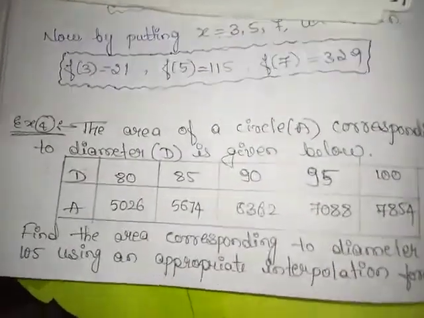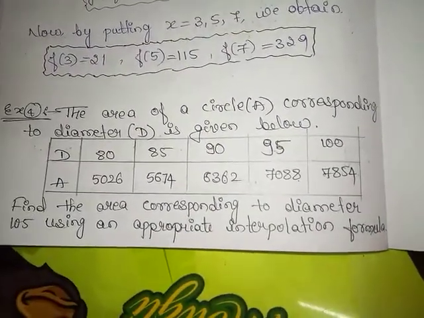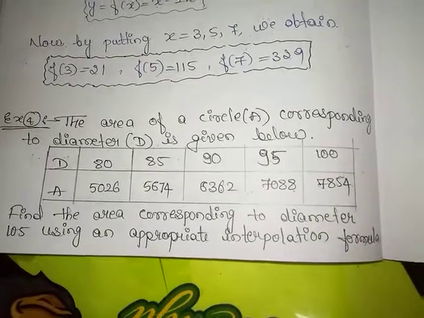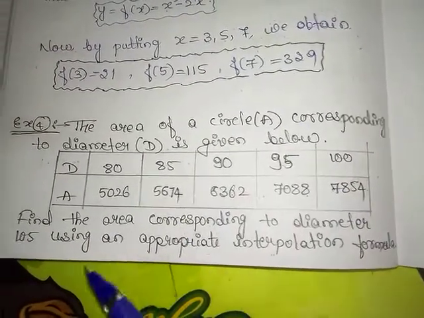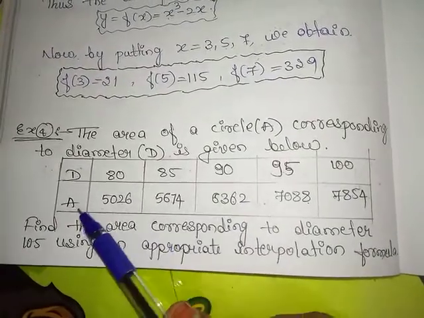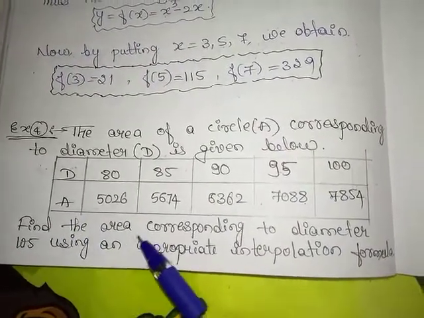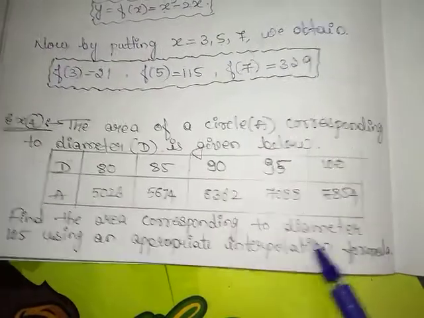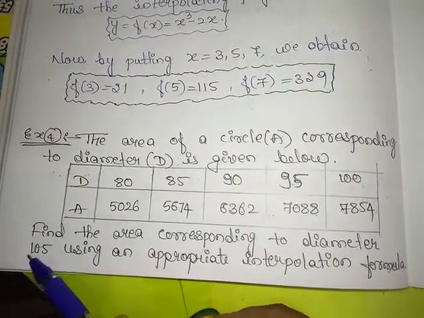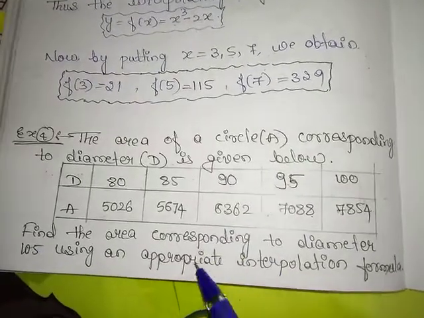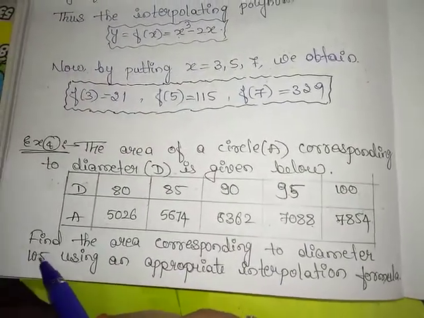Here they are using different data, but the method is same for this example also. Here we have to find area, means we have to find the value of A, the area corresponding to the diameter 105, means our desired x value is 105, we have to find the value of y at 105.